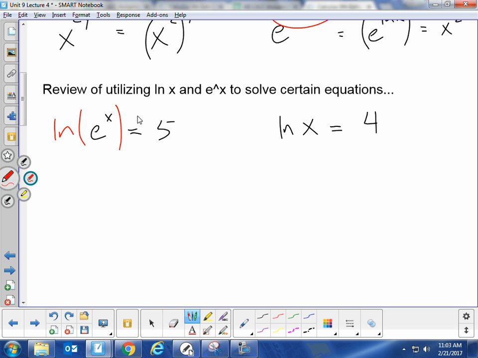A lot of people like to think that this is multiplying both sides by log, and that's not it. You could think of it like it, but it's not. You're taking the natural log of both sides. It's like a function. And when you take the natural log of e to the x, you just get x. And on the right side, you'd write the natural log of 5.